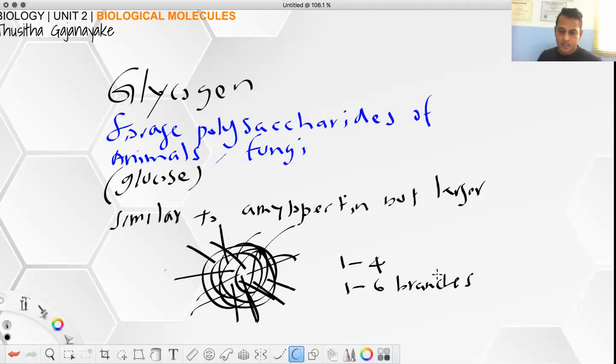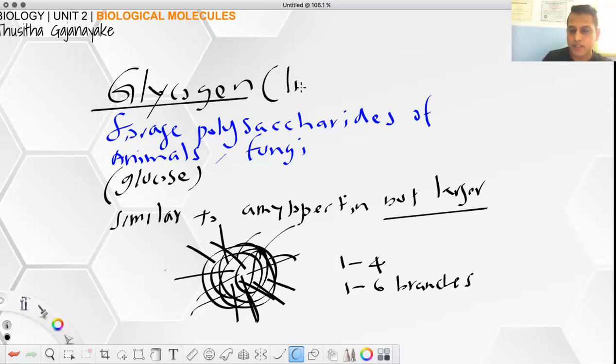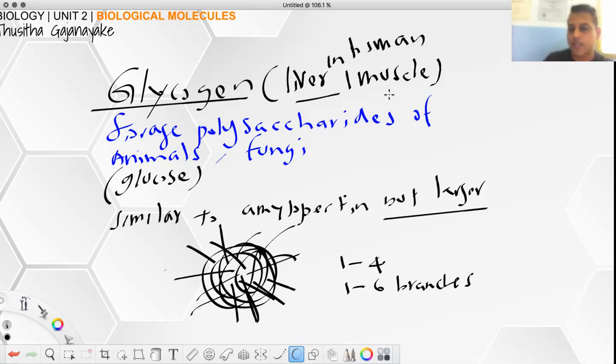The difference is that it is a larger molecule. Glycogen in humans is stored in the liver and muscles.